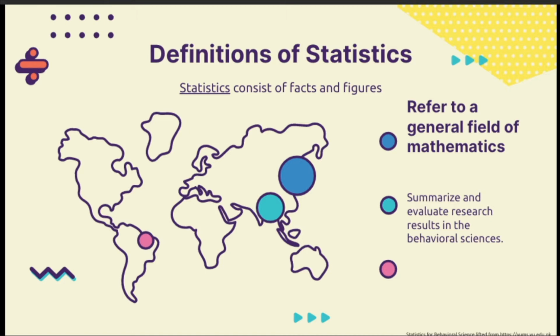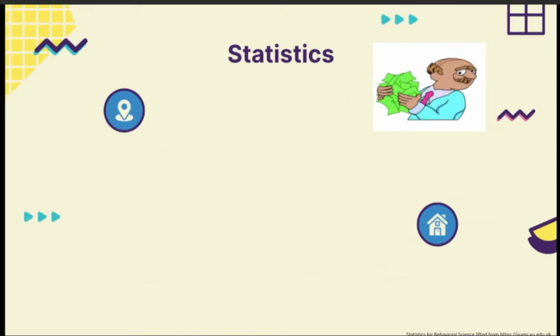When we talk about behavioral science, this is any of various disciplines dealing with the subject of human actions. And statistics is usually informative and time-saving because they condense large quantities of information into a few simple figures.